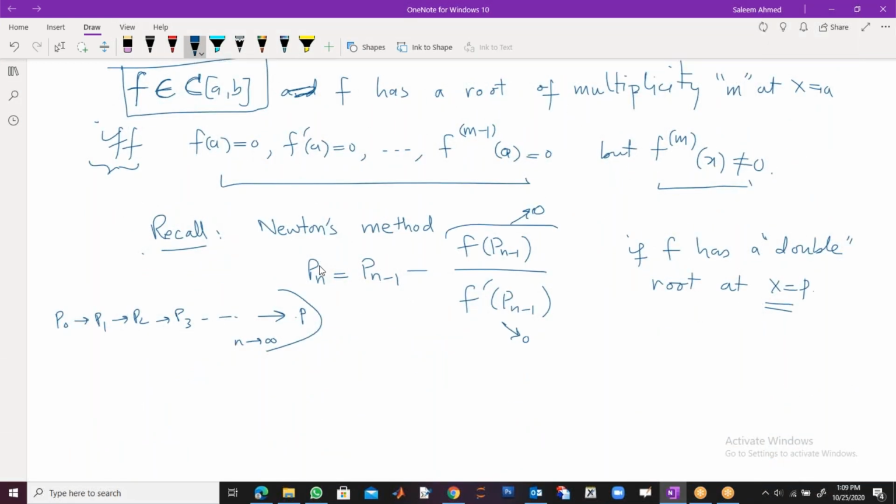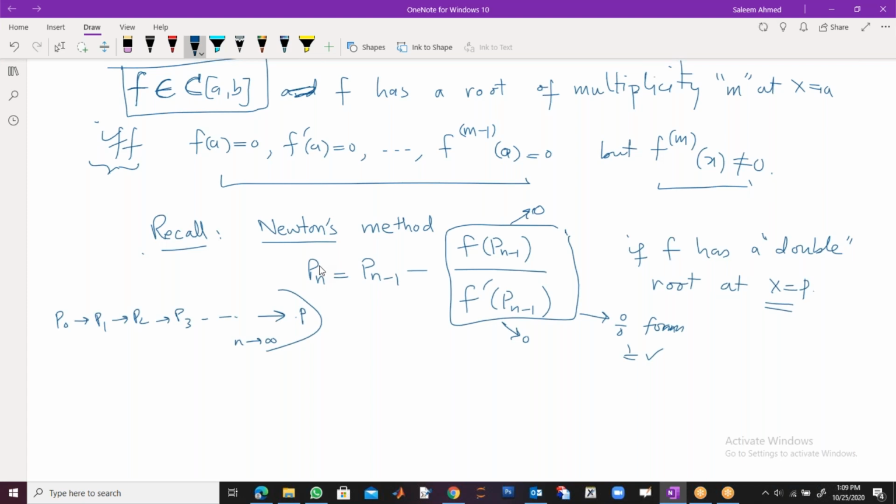So as n approaches infinity, this portion becomes 0 by 0 form, right? And you remember from calculus, this is called indeterminate form. Indeterminate form may or may not have a solution. Sometimes it gives you a solution, but sometimes it is not defined as well. So we may have a problem. Even though this may have a solution, the convergence of Newton method slows down. This Newton method will become slower.